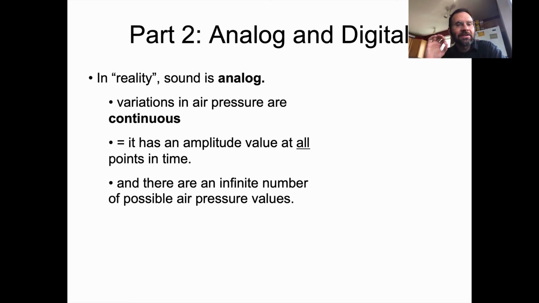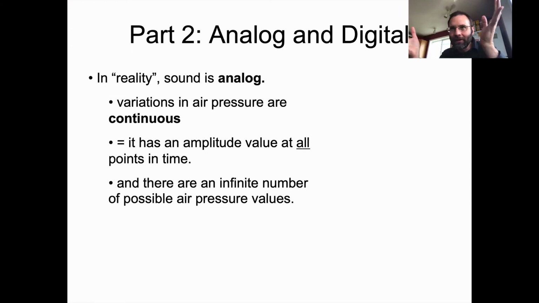In other words, it has an amplitude value at all points in time. There are no gaps in between the different amplitude values. And there's also an infinite number of possible air pressure values. It can be as intense, or whatever the opposite of intense is, as it wants to be. The compressions can be as big and the rarefactions as small as they need to be.